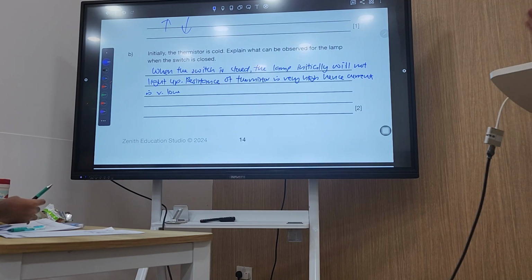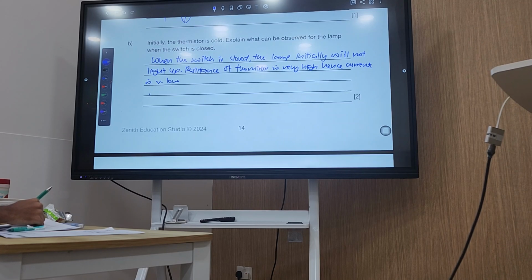Now, normally this question would definitely be worth more than 2 marks in an exam, because I need to talk about the following scenario: as time passes, temperature will increase because your heating element starts to work.